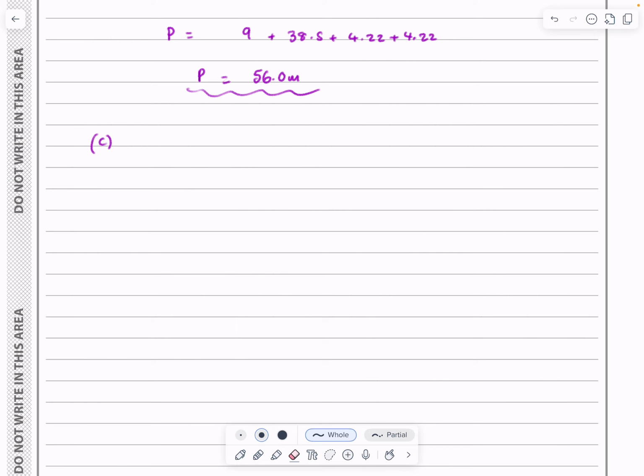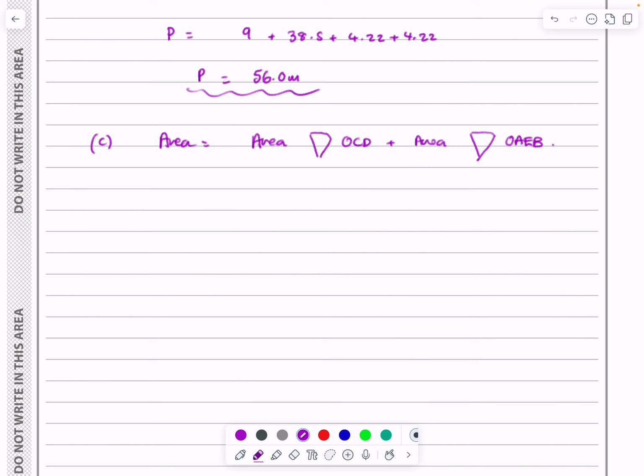So I'm going to say area is equal to, and I'm going to say the area, you don't need to do this particularly, but I just want to make it clear, sector OCD plus the area, and again, sector OAEB.